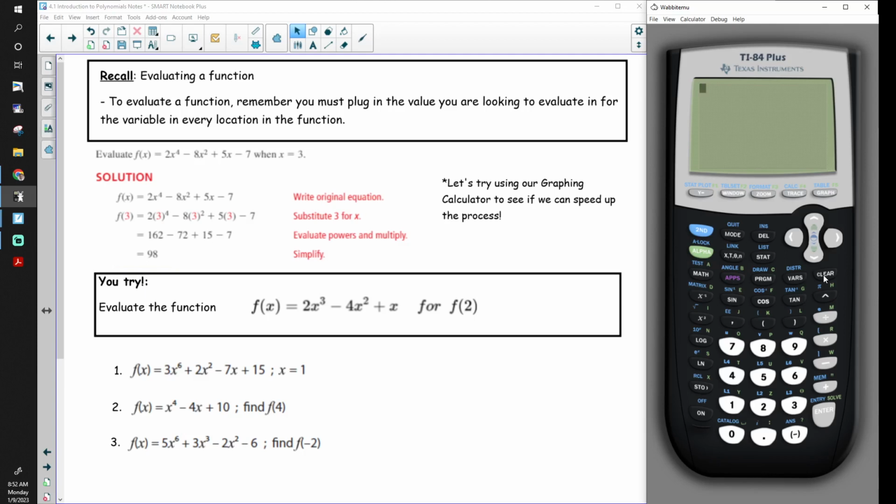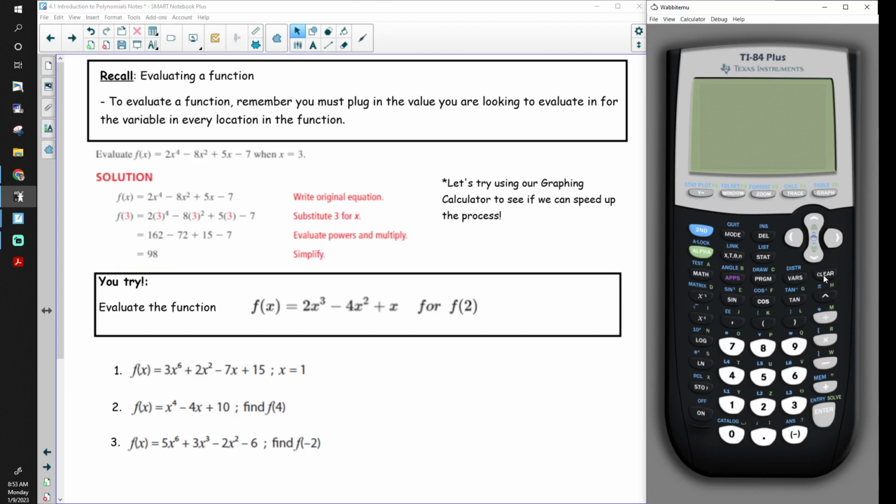F of x equals 2x to the 4th minus 8x squared plus 5x minus 7 when x equals 3. If you wanted to do this by hand, you would plug in a 3 everywhere you have an x. There's 3 x's, so they plugged in 3 3's. Then they figure out what each one is. 3 to the 4th times 2 is 162. 3 squared times 8 is 72.